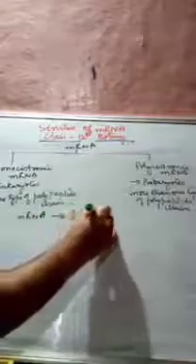Again, now the concept of mRNA was given by Jacob and Monod in the year 1920 rather. Its characteristic features we will see: it is short-lived.